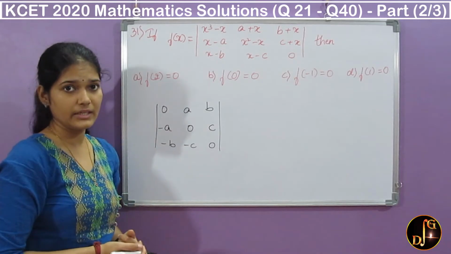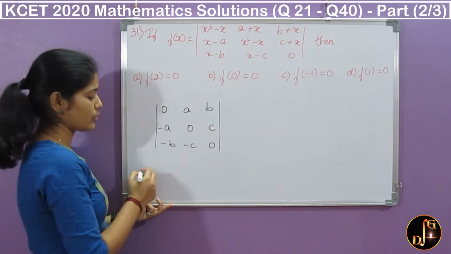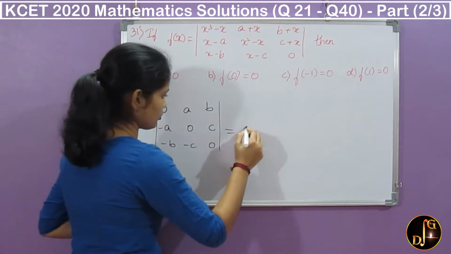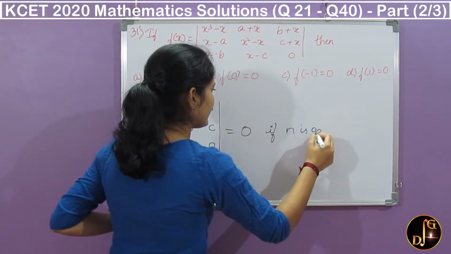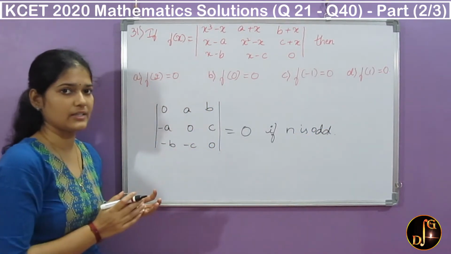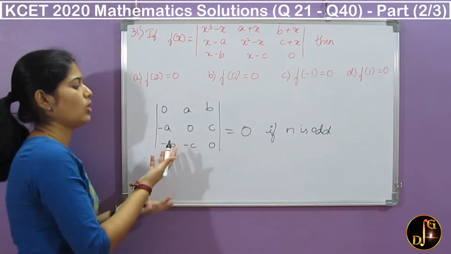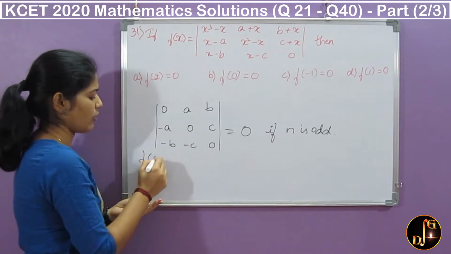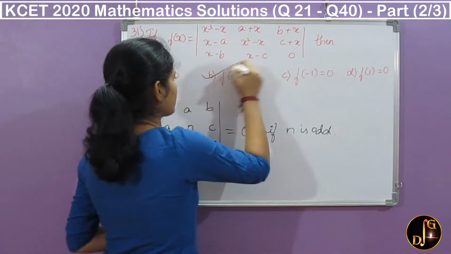This is a skew-symmetric matrix. And also we know that the determinant of a skew-symmetric matrix is equal to 0 if n is odd. n is nothing but the order of the matrix. Here the order of the matrix is 3, right? And it is odd. So we got f of 0 is equal to 0, right? So the correct answer is option B.